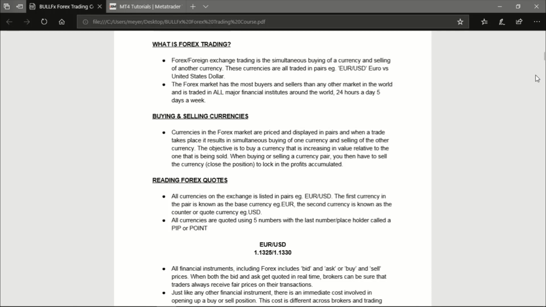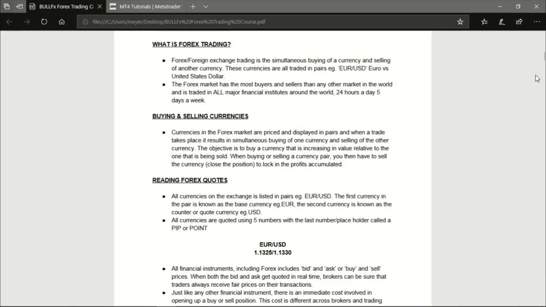So there's plenty of money to be made within the forex market, and the forex market is extremely liquid because of its high volume of buyers and sellers, which means that you can virtually get into the market at any time and get out of the market at any time.